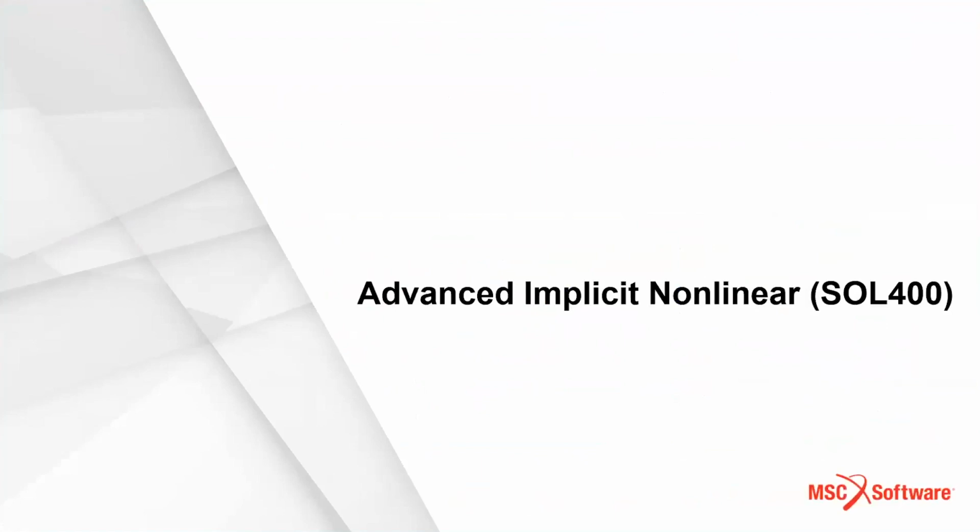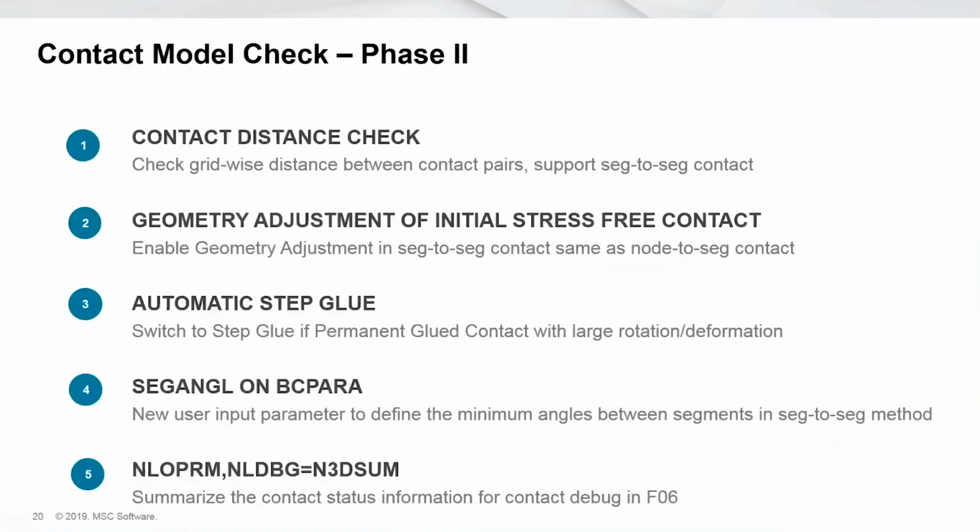Now we will talk about the enhancements in implicit nonlinear analysis, solution 400. First one is the contact model check. Contact model check was introduced in the Nastran 2018.2 release, and we have added a couple of other enhancements to this release for contact model check. The first one includes the contact distance check for the segment-to-segment method.